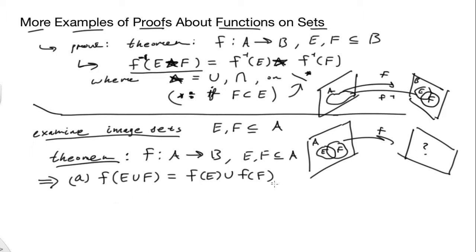This one behaves very similarly to the above case with inverse images. But when we go to intersection, it gets a little bit more complicated. If I write down the intersection of two sets here, it is actually only a subset of the intersection of the images.